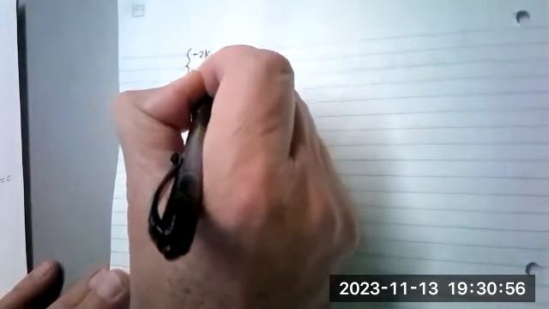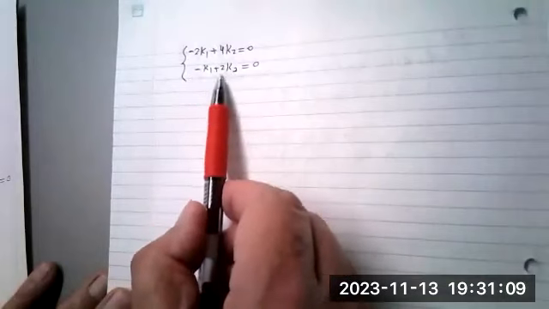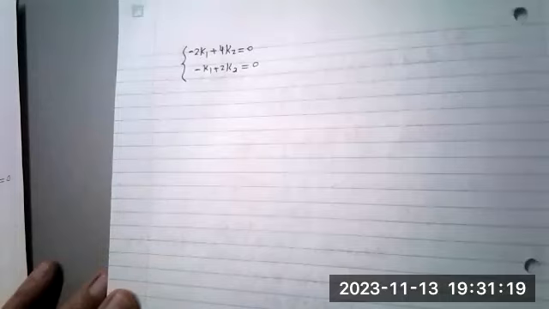So we get -2 K1 plus 4 K2 equal to 0, and the second one is -K1 plus 2 K2 equal to 0. Both equations are the same because this is a dependent system. If you multiply the second one by 2, you get exactly the first one. So you don't have to consider both of them, just one. It doesn't matter which one.